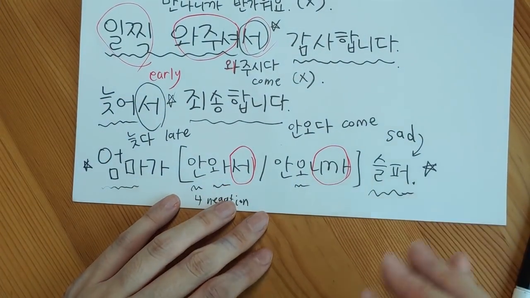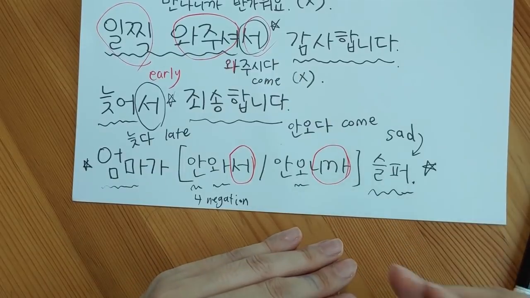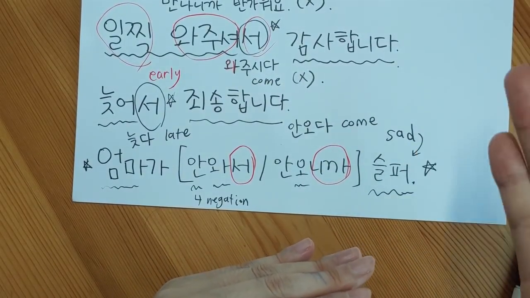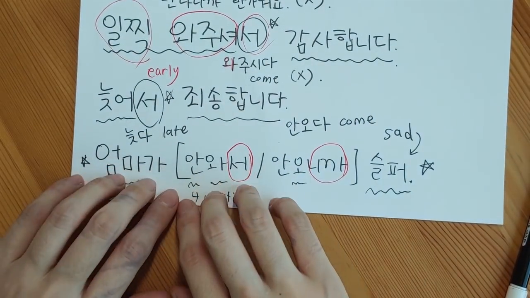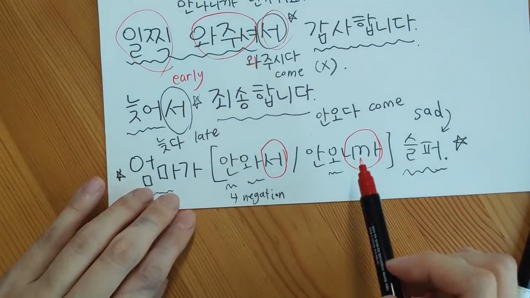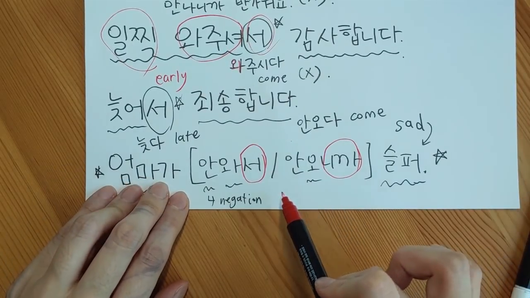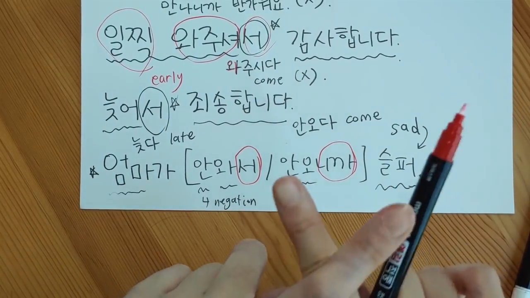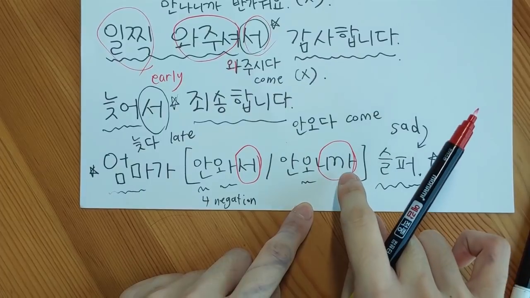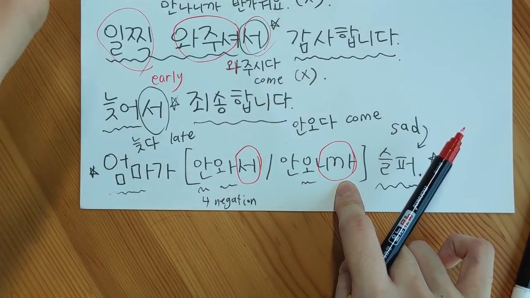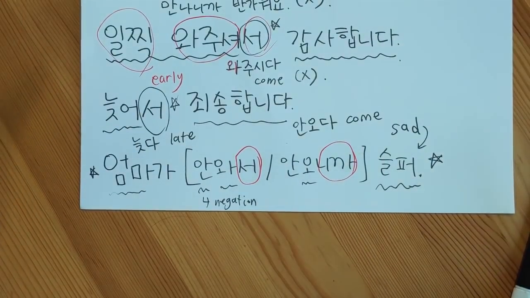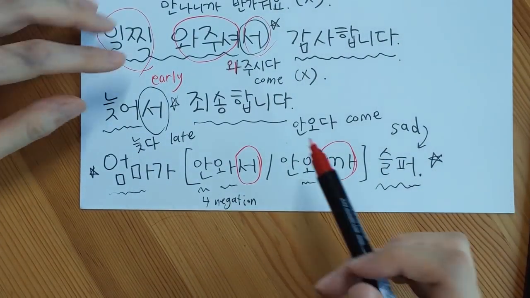So when someone asks you, why are you sad? Then that person who asked doesn't know the reason, right? So in that case, using 엄마가 안 오니까 would not be right, because 니까 is usually used in a context where the listener is already aware of the reason, but here the listener doesn't know the reason.